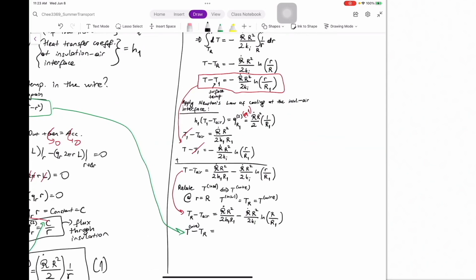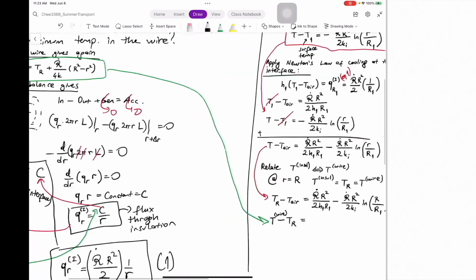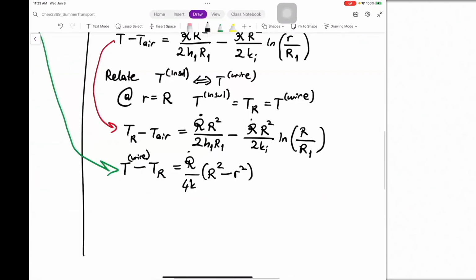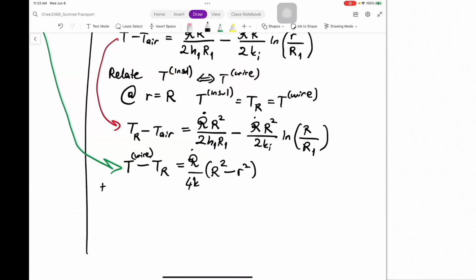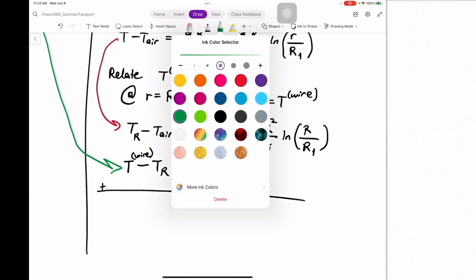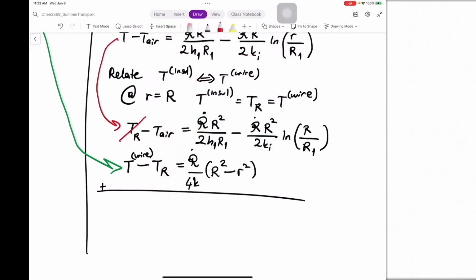It is fancy R dot over 4K, R squared minus lowercase r squared. And then now you can actually add the two terms to get rid of the T_R's.